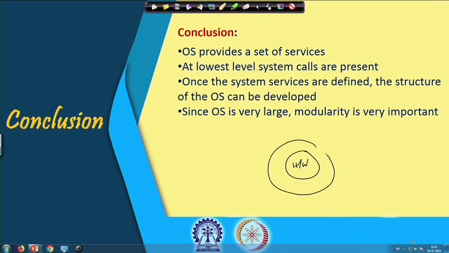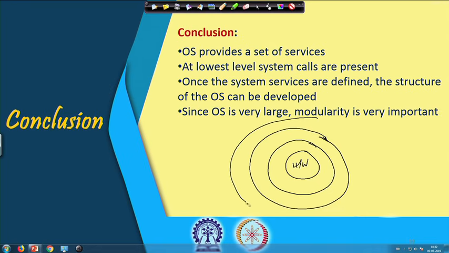So, we make it both layered and modular. That helps in designing the OS easily, because at higher and higher levels we can utilize the routines at the next lower level in a modular fashion. In general, this lowest layer is implemented as the kernel.